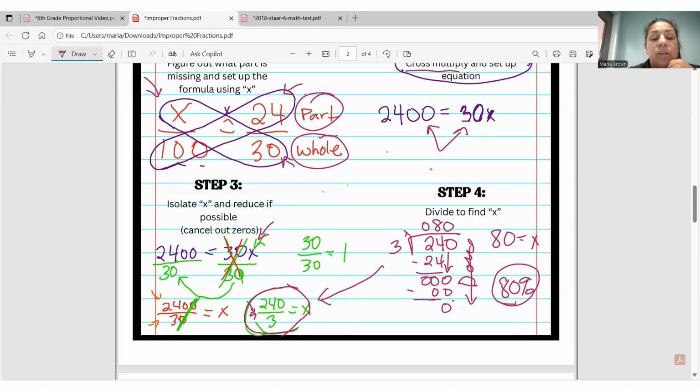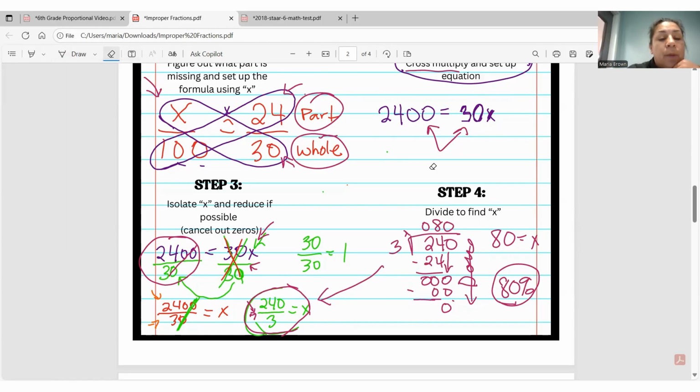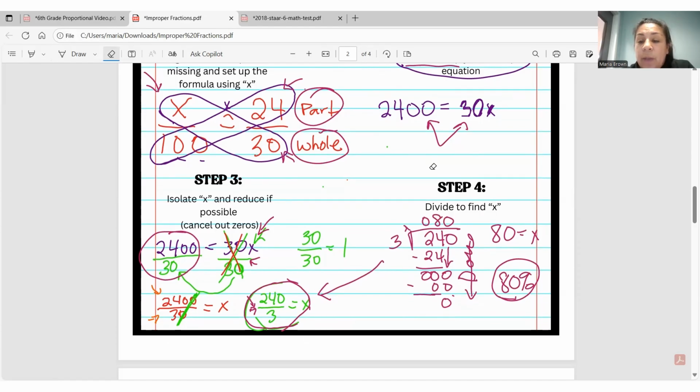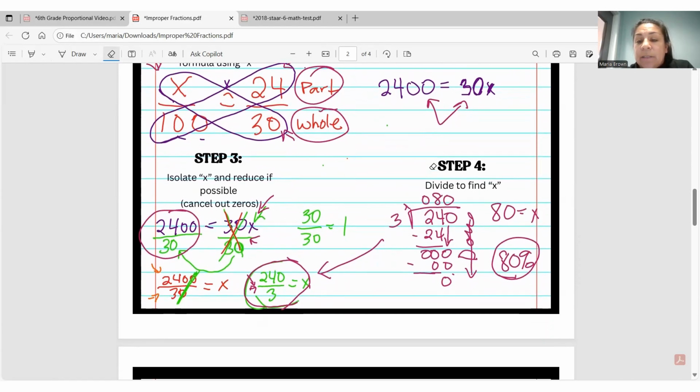We divided each side. 30 divided by 30 equals 1, so it cancels out right here. And then we did 2,400 divided by 30. Now, you could have done 2,400 divided by 30 without crossing out your zeros, but it's a lot easier to do 240 divided by 3 to give you the same answer. Then step 4 down at the bottom is where we divided it out and it gave us 80%.